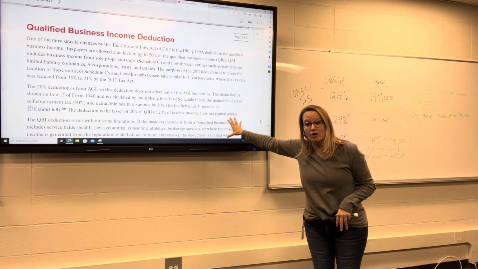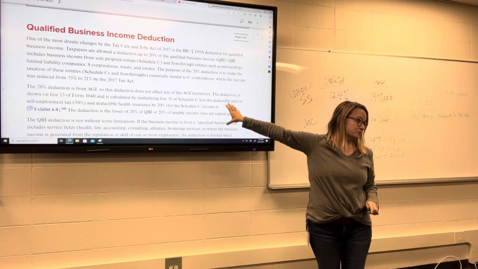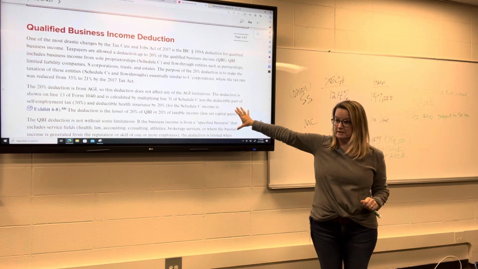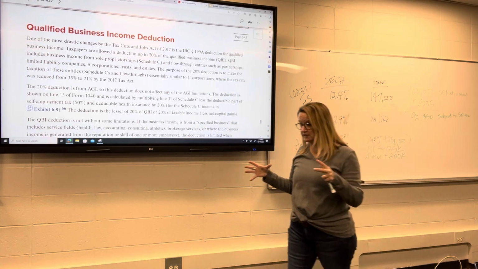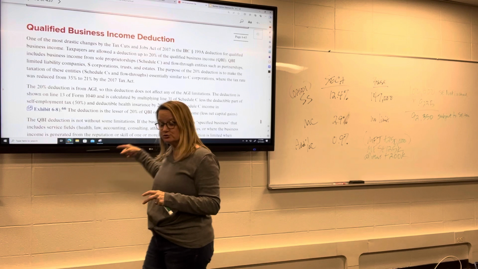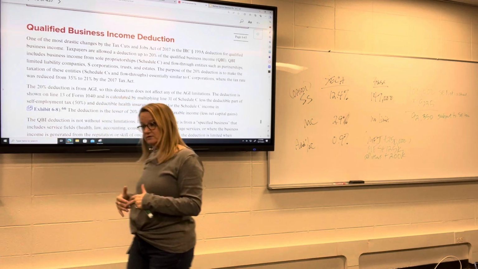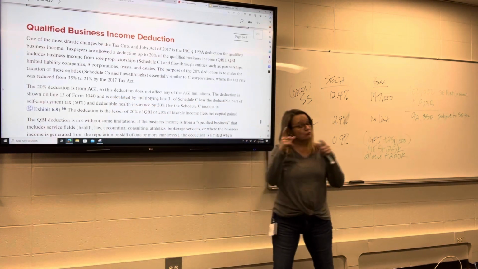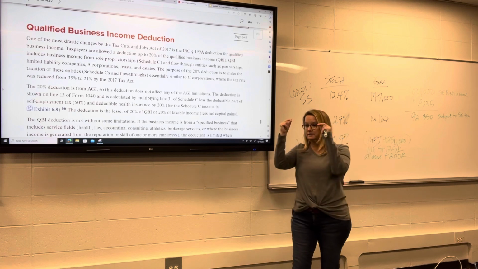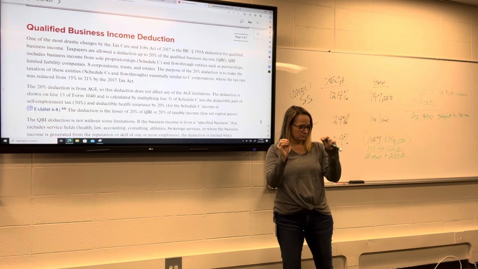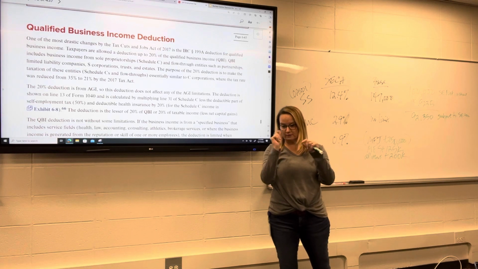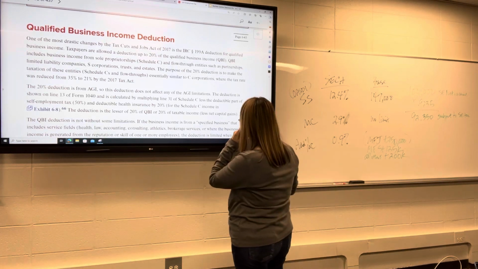This does not show up on the Schedule C, it shows up on the Form 1040. It is calculated using income from the Schedule C, but it does not offset Social Security and Medicare tax. It only offsets income tax. It goes right below either the standard deduction or the itemized deductions, whichever one you're using, on the first page of the Form 1040.